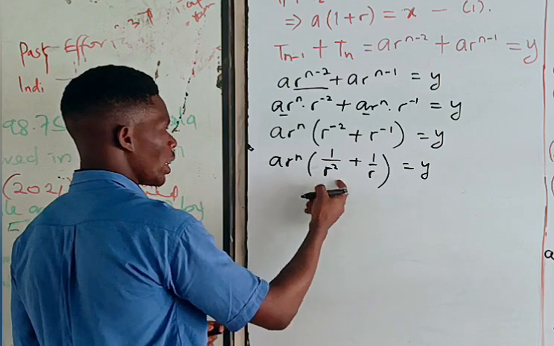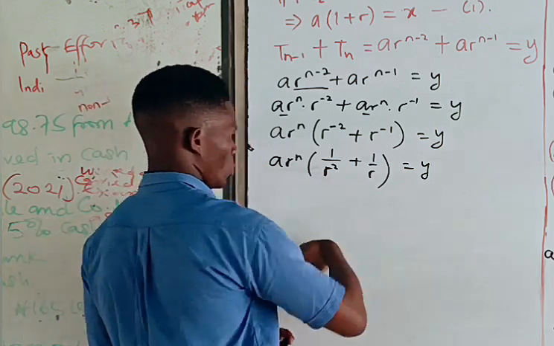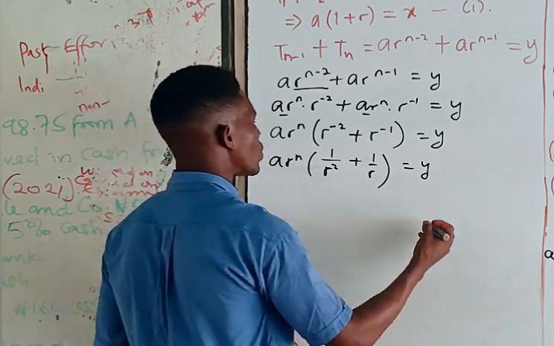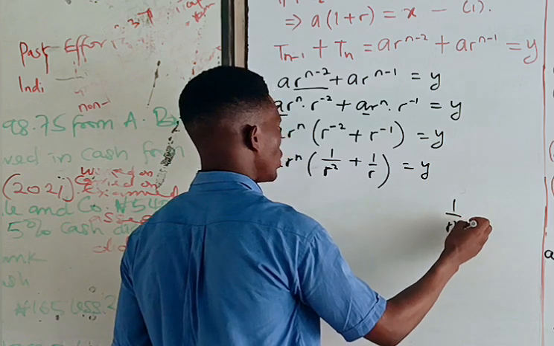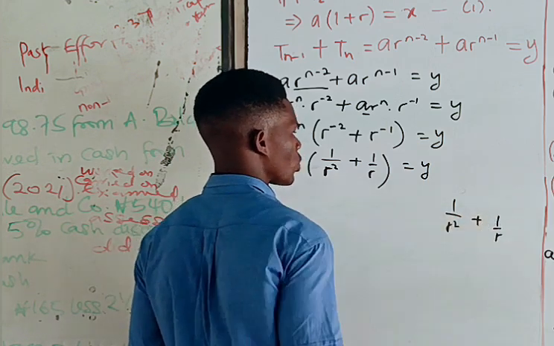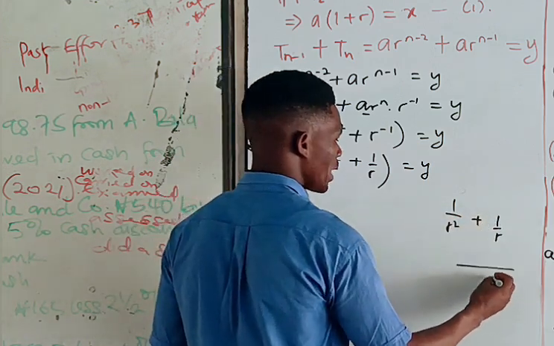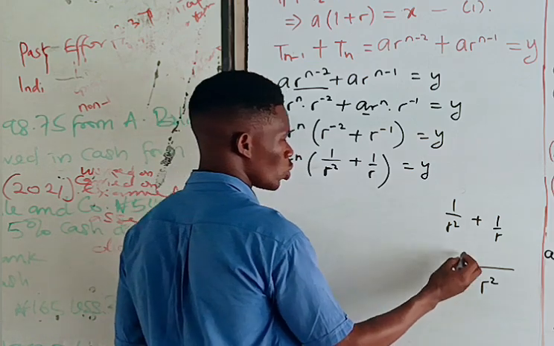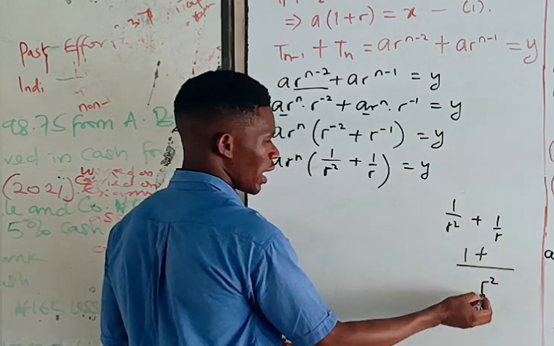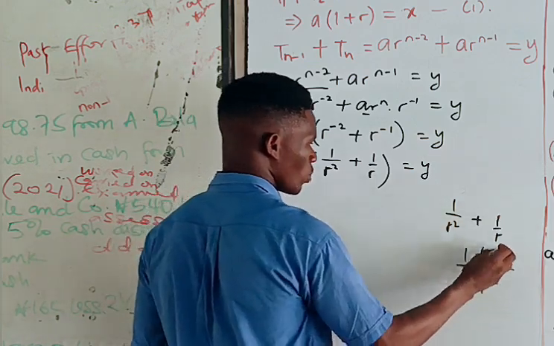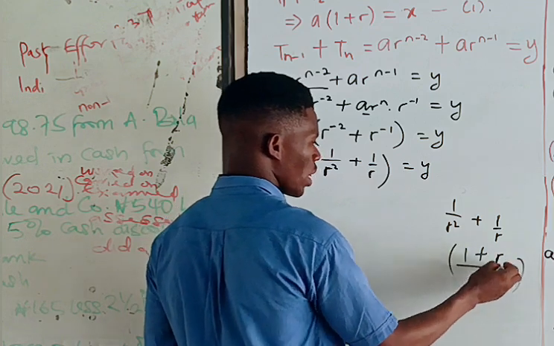Now let me do this somewhere here, just to save our space. We have 1 over R squared plus 1 over R. When we find the LCM, that is R squared. R squared in R squared is 1, plus R in R squared is R, so this becomes 1 plus R over R squared.